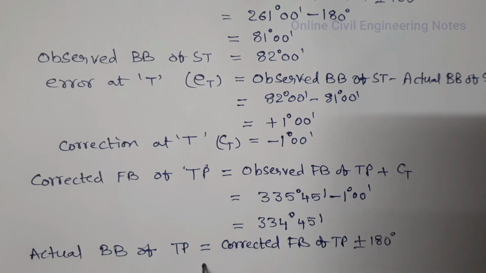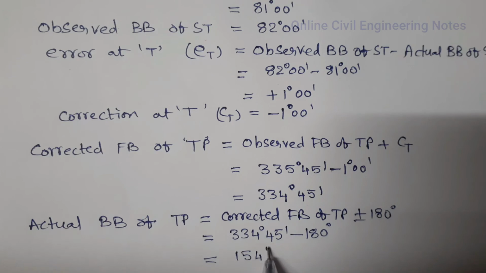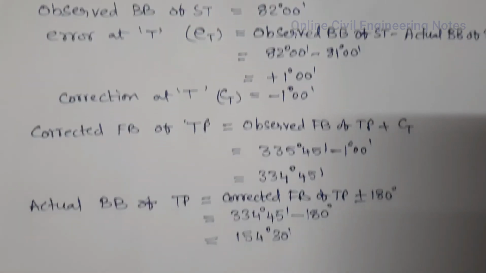Corrected fore bearing of TP is 334 degrees 45 minutes, which is greater than 180, so minus 180, which is equal to 154 degrees 45 minutes.